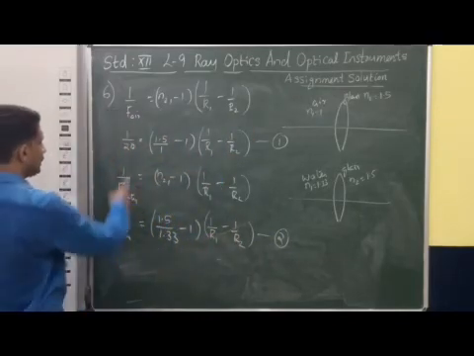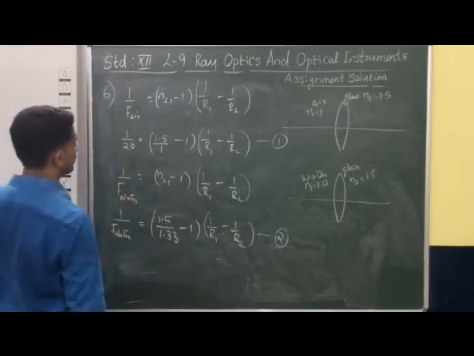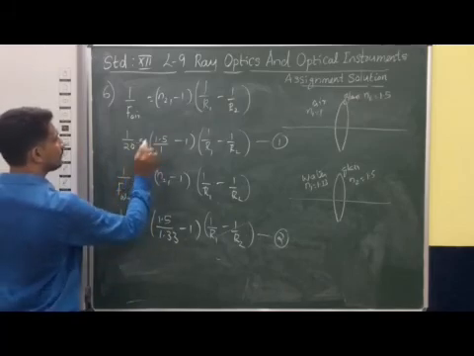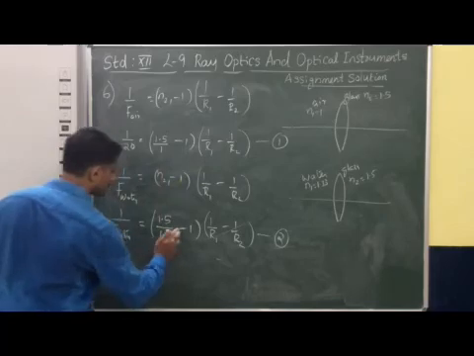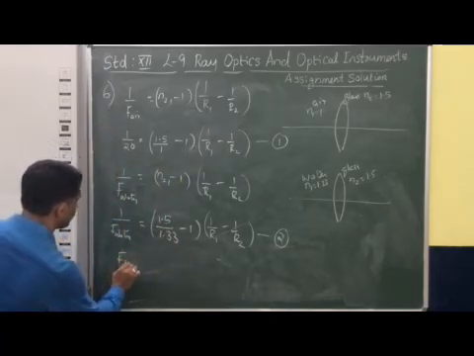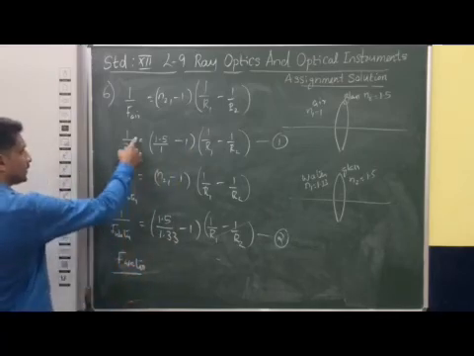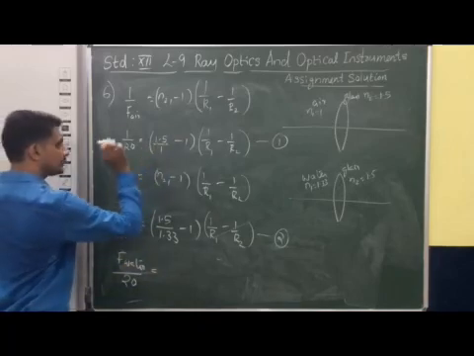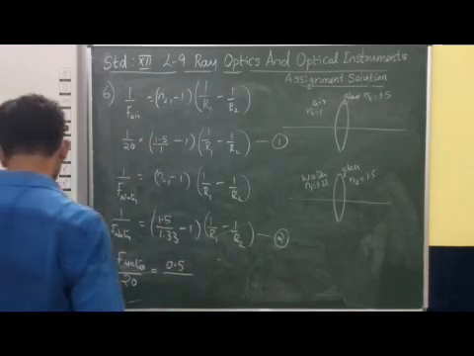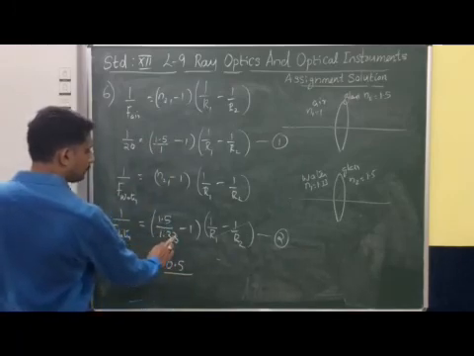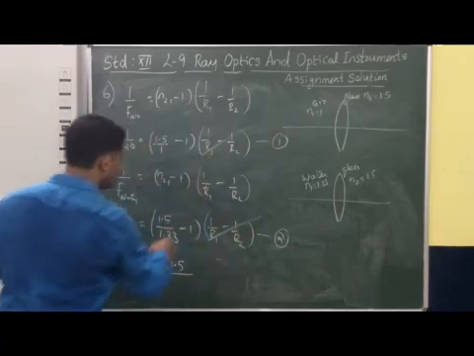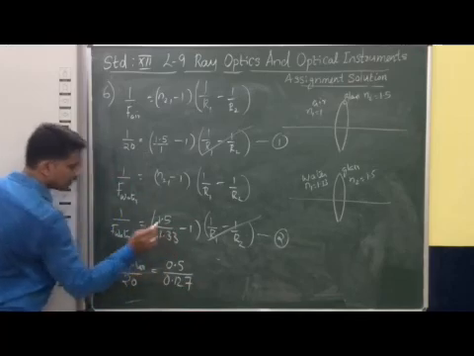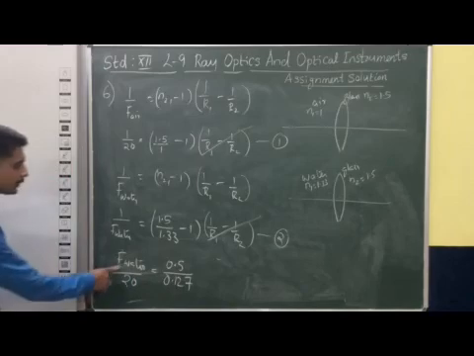So (1/20)/(1/f in water) equals (1.5 - 1) divided by (1.5/1.33 - 1). Then f in water divided by 20 equals 0.5 divided by (1.5/1.33 - 1). The value of 1.5/1.33 - 1 comes to 0.127.